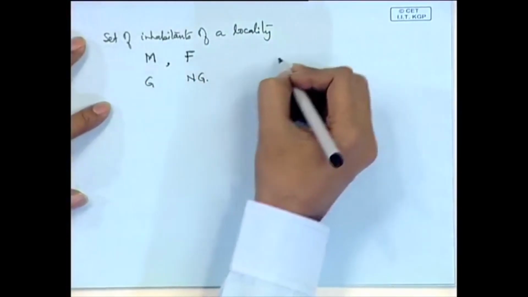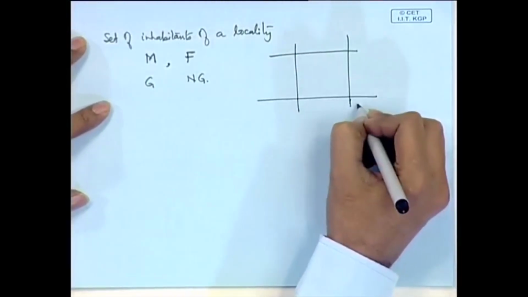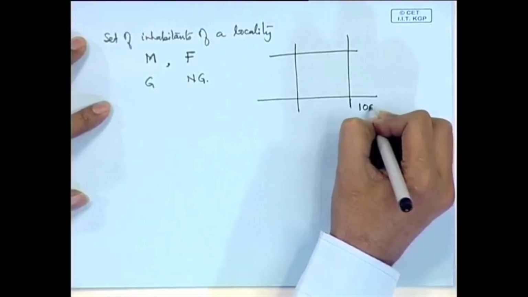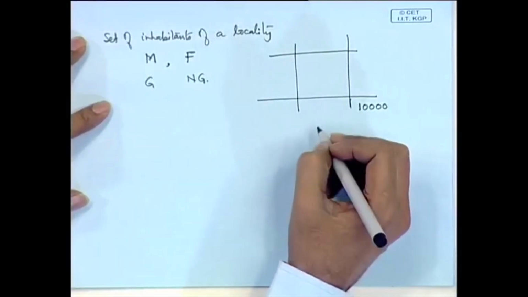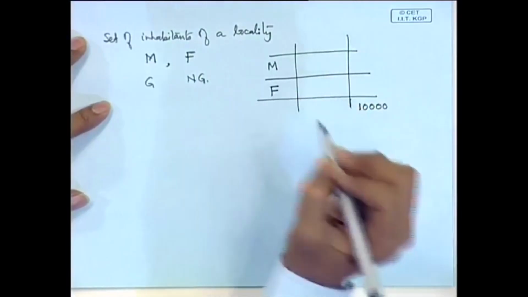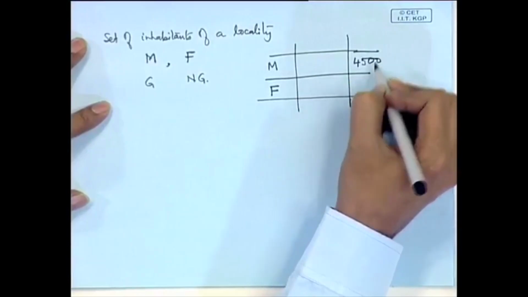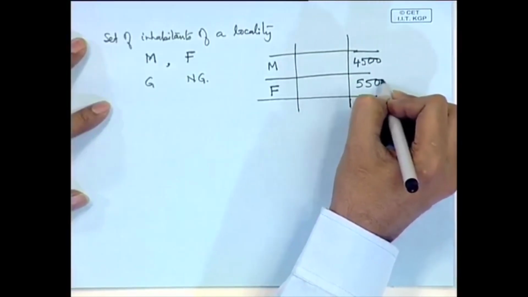Now suppose we have a population of 10,000 in that locality. We may classify firstly according to male and female. So, maybe we have 4,500 males and 5,500 females.